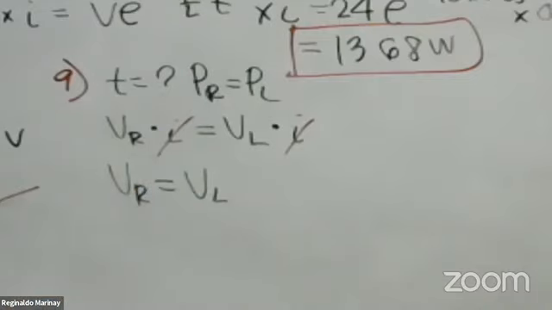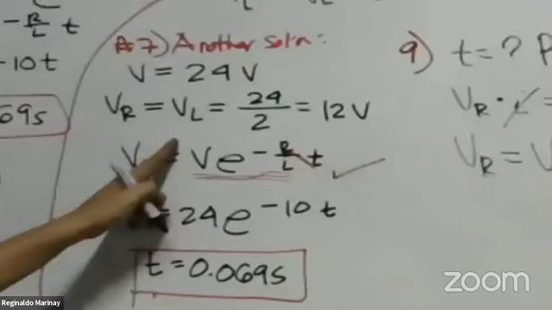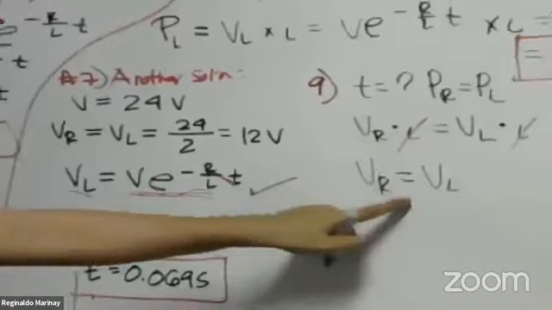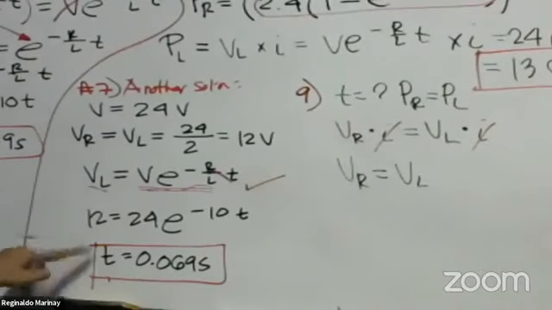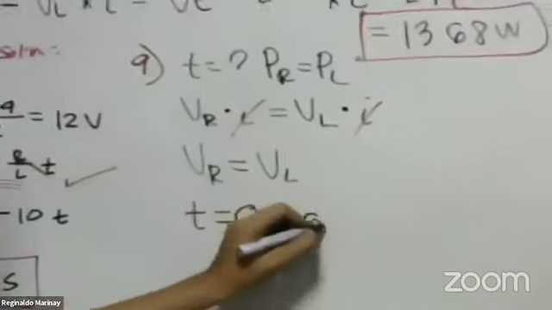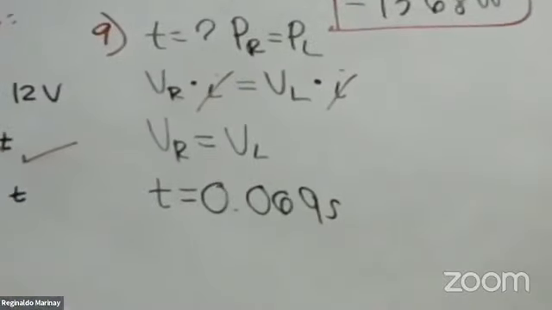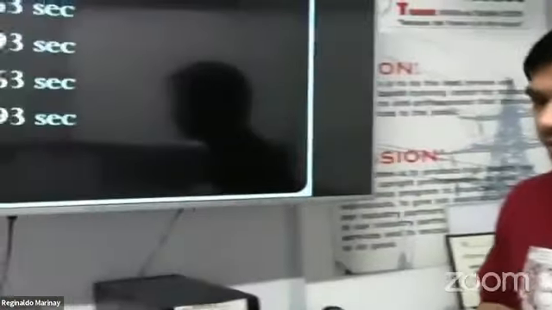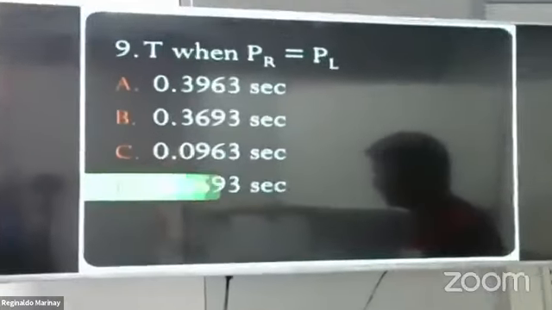Isn't it that this is the question in number 7 already? You see, BR is equal to BL. That is of course 12 volts. So, the answer will be the same, 0.069. So, our time is equal to 0.069 second. That is the answer. Number 9, the answer would be letter D.